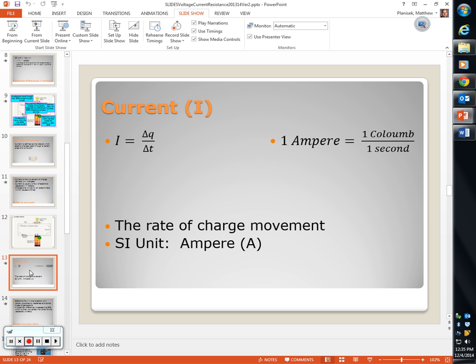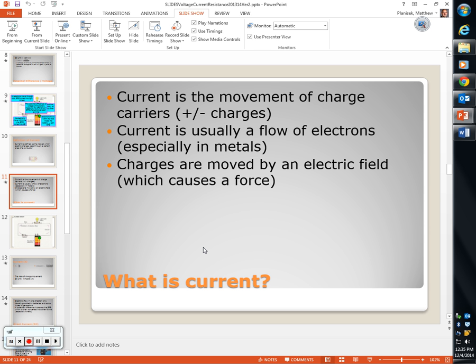Yesterday, we introduced the idea of current, where current is the movement of charges. Usually those charges are negative electrons, but they don't necessarily have to be. And we talked about how we define current and how we measure current. So, if we're looking for real simple connectors between the terms, voltage tells us about what?